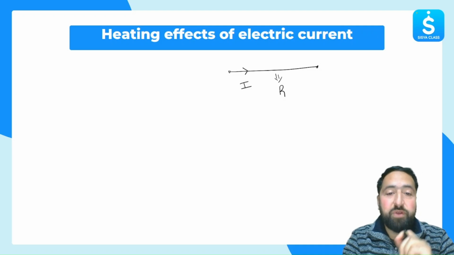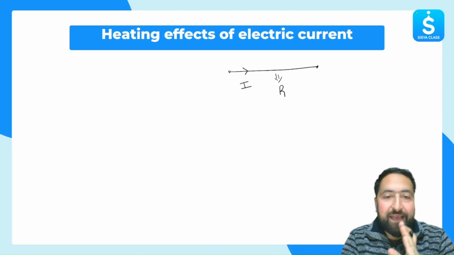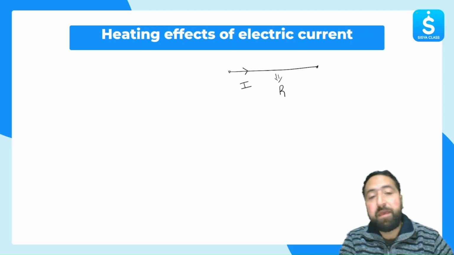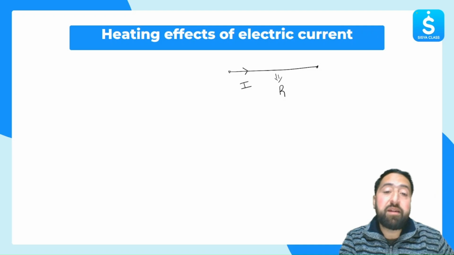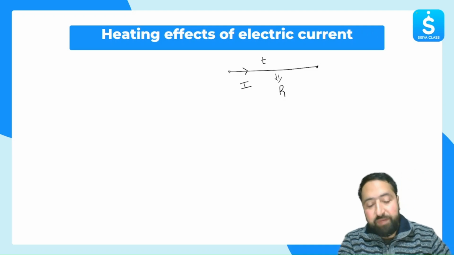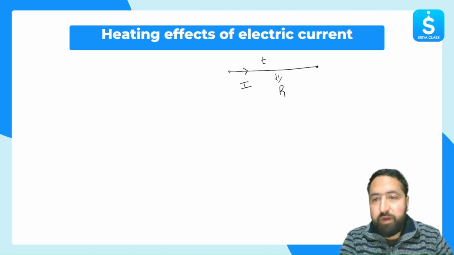Ampere is the unit of current. So current I is flowing through a wire that has resistance R, and this current is flowing for a time t. So how much heat will be produced?